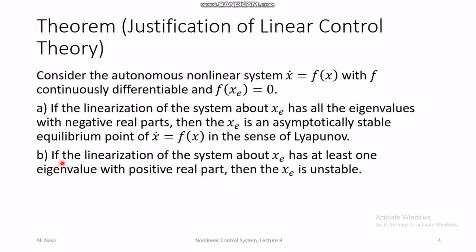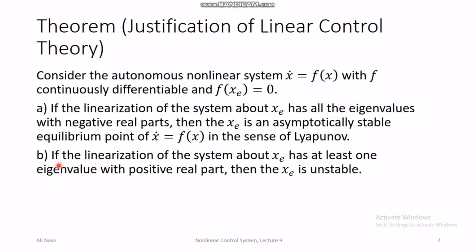So this theorem continues. It has three parts. The first part says that if the linearization has all the eigenvalues with negative real parts, then the equilibrium point of the original nonlinear system is asymptotically stable in the sense of Lyapunov.